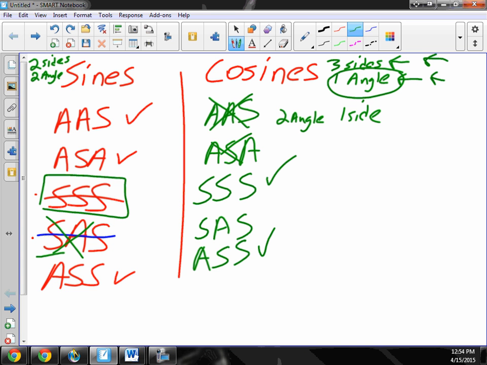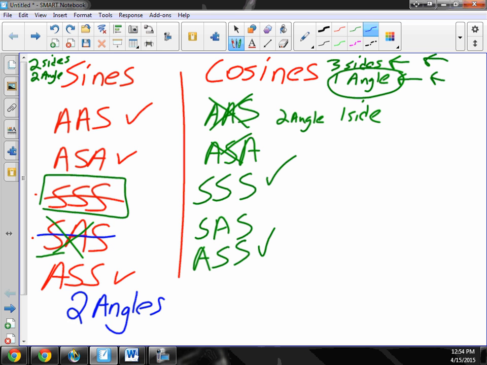So basically, what this is saying is, if you're looking at a triangle with 3 pieces of information, if 2 of those pieces are angles, you're going to use law of sines. So the rule here is 2 angles. If you know 2 angles, then you can use the law of sines, as long as you have a side.